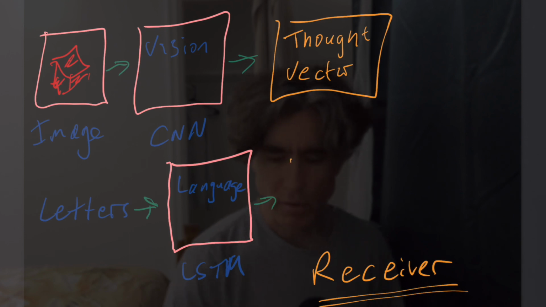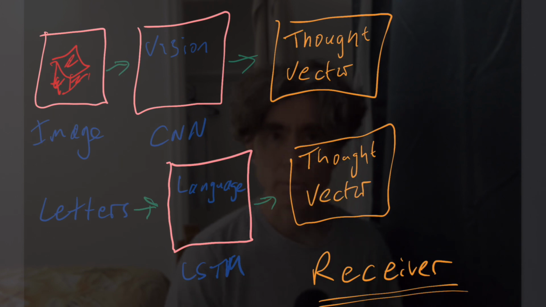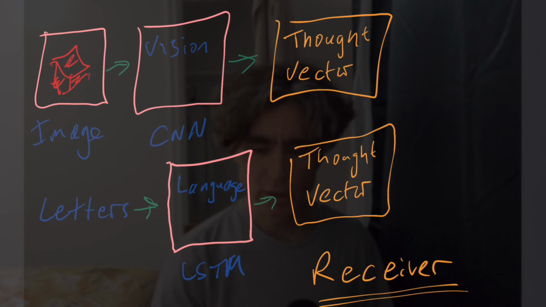And we also have another thought vector which represents the characters that the receiver received from the sender. What the receiver is going to do is compare these two thought vectors.